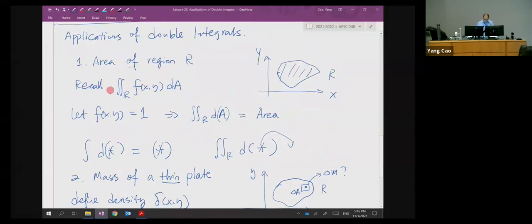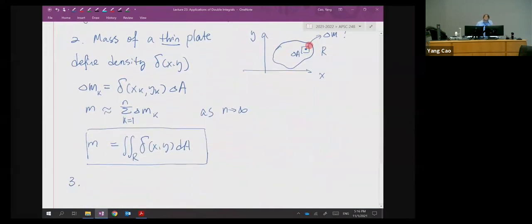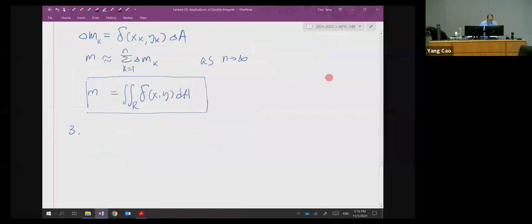So this formula can represent a volume underneath the surface f and above the region R. Same mathematical expression, now you can interpret it as the mass of a thin plate, as long as the function f is replaced with the physical meaning of a density. So it's all up to you how we make use of this mathematical function. So that's the second application.